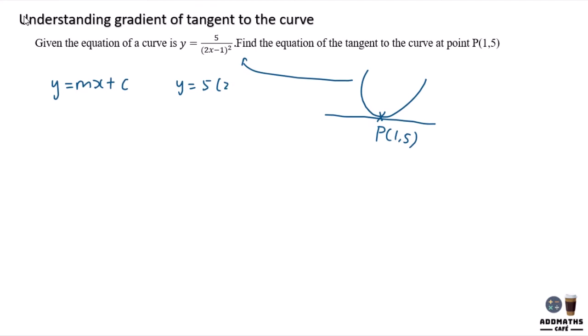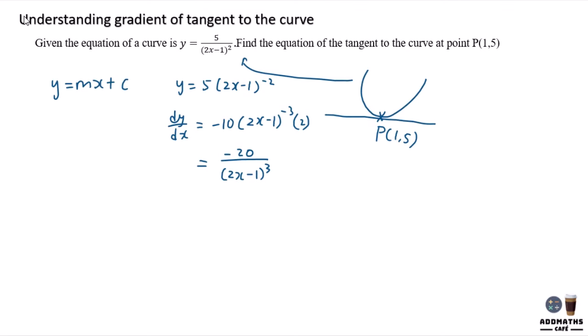What you have here is y equals 5(2x minus 1) to the power of negative 2. To find the gradient, I need to do dy/dx, as dy/dx is the gradient. So negative 10, (2x minus 1) to the power of negative 3, times 2, gives negative 20 over (2x minus 1) to the power of 3.